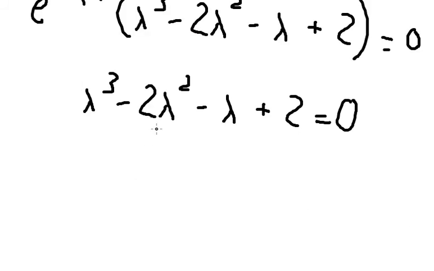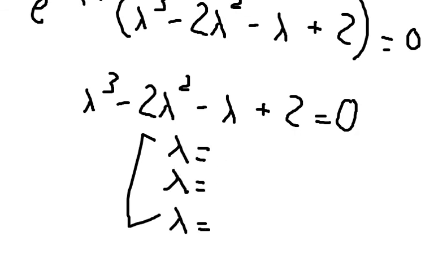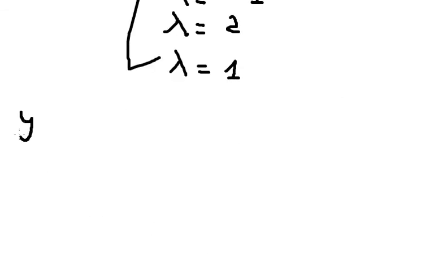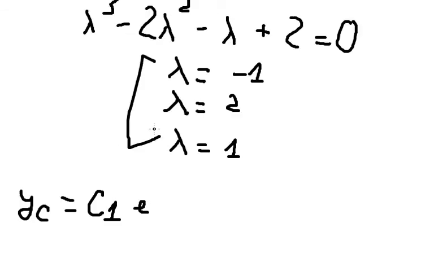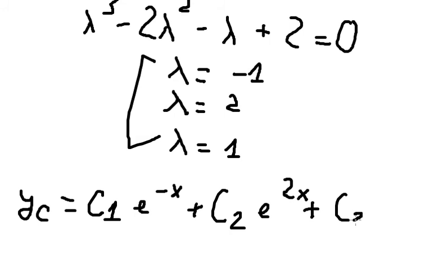So if we calculate this one, we have 3 solutions: negative 1, 2, and positive 1. So we have yc equal to c1 e to the power of negative s, c2 e to the power of 2s, and c3 e to the power of s.